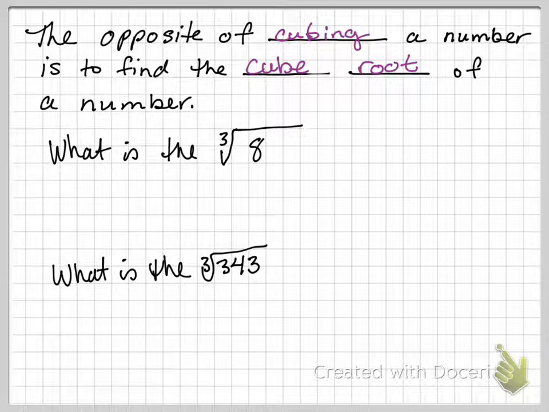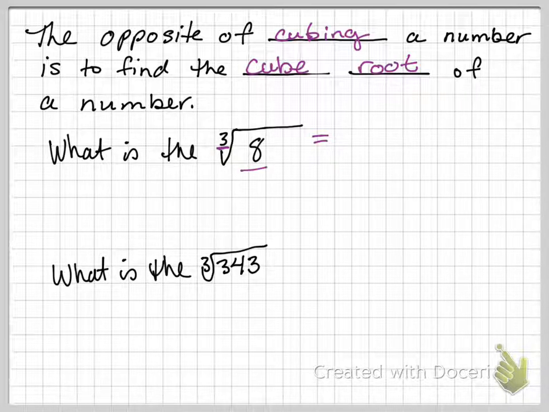So we have to think about what 3 numbers, we put a 3 inside of that root sign to show that it is a cube root. So what number can I multiply by itself 3 times to give me the number that's under the root sign? So with this one, it's a small number. We have an 8 there.